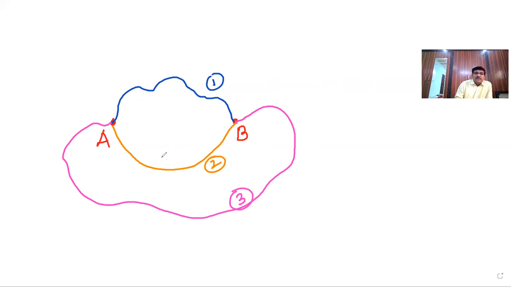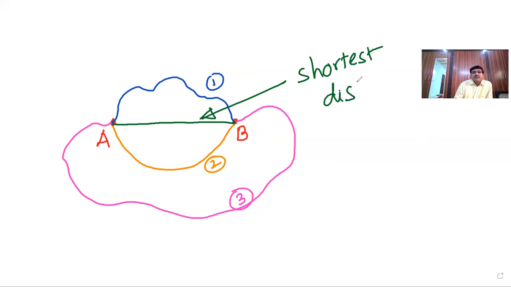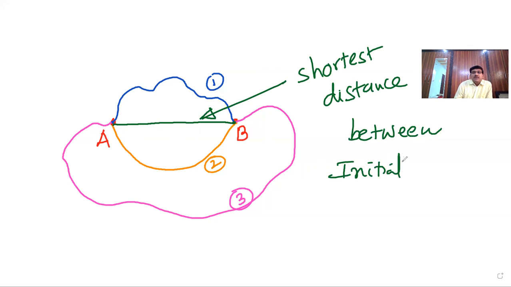Now, all these are distances. But what is the shortest path? Observe. If I join the initial point and the final point, what is the displacement? It is the shortest distance between the initial and final position. If I join the initial and final position, this becomes the shortest distance between initial and final positions.